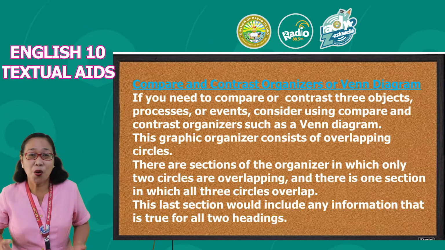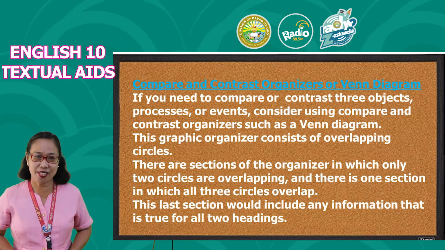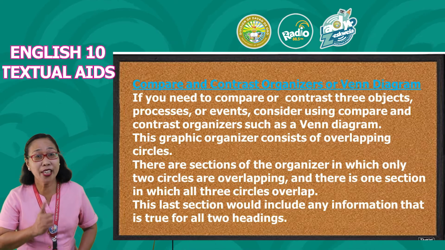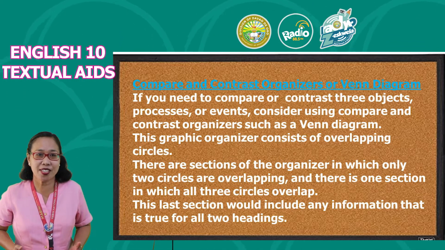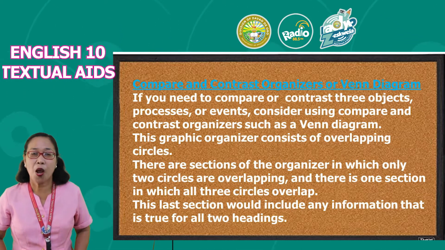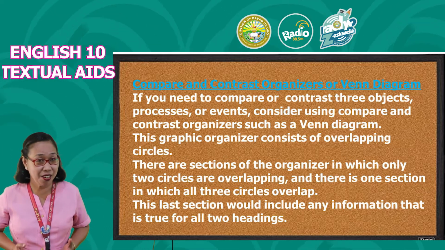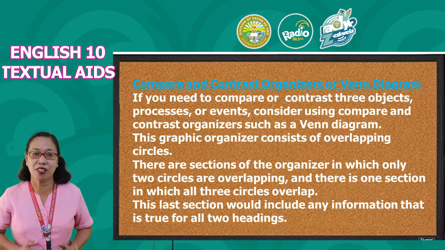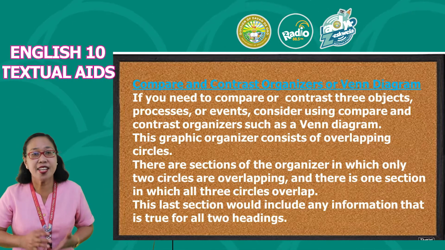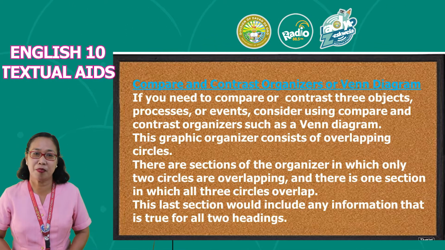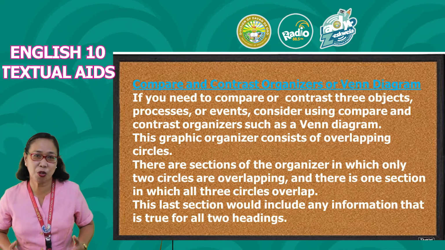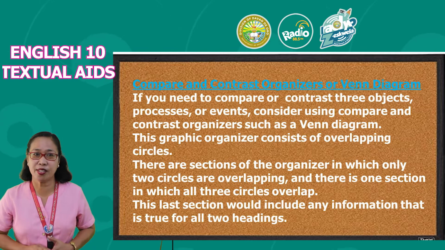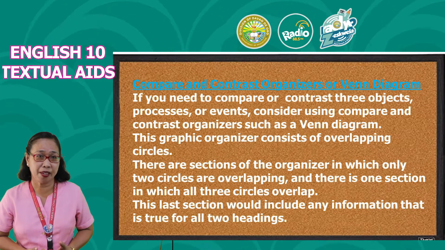Second, compare and contrast organizers or Venn diagram. If you need to compare or contrast three objects, processes, or events, consider using compare and contrast organizers such as a Venn diagram. There are sections of the organizer in which only two circles are overlapping.